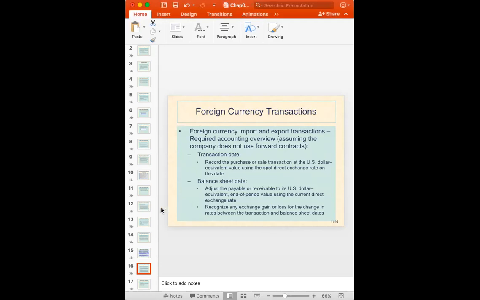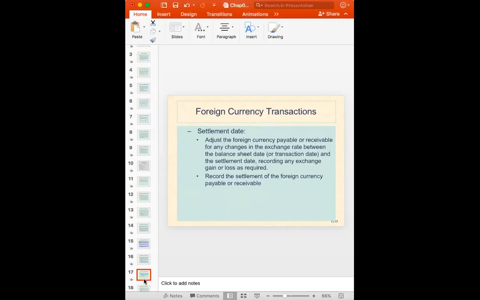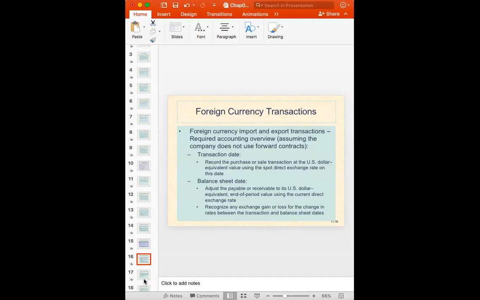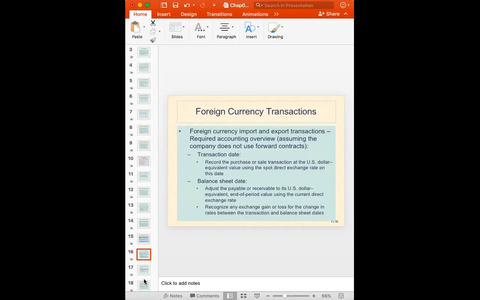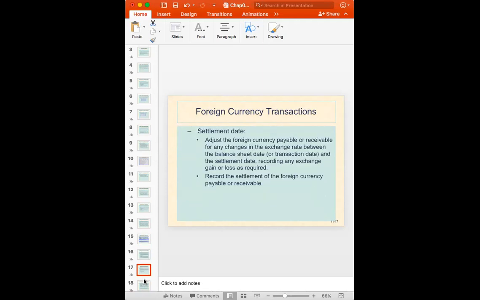There are several definitions that you have to understand. The functional currency of a US company is the US dollar, the primary currency for operating and financial activities, and the US company prepares its financial statements in US dollars.